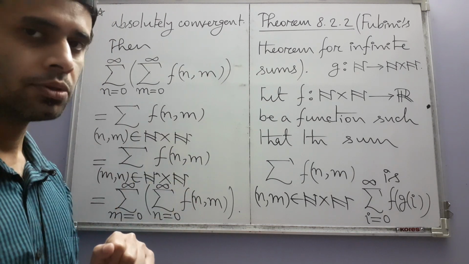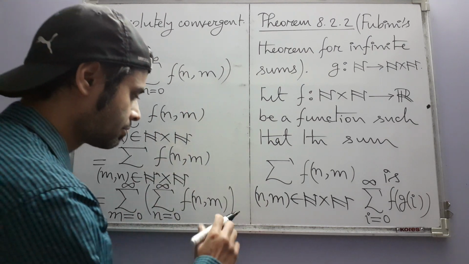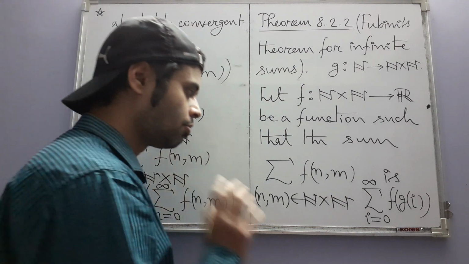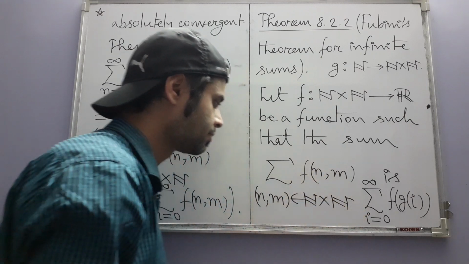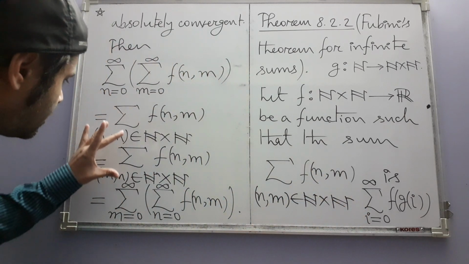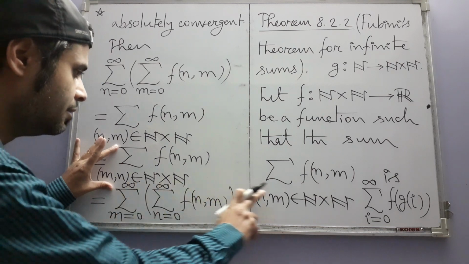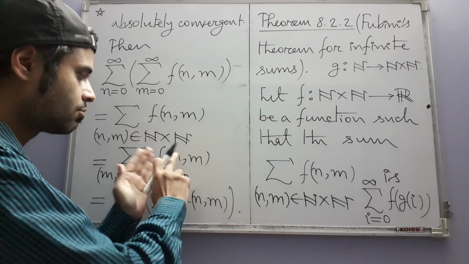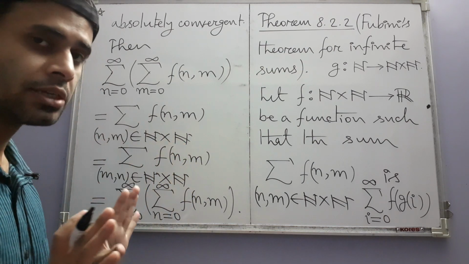We have to prove this, which we will do in the next video. Today we are not going to do that, but note that only the absolute convergence of this is given. The absolute convergence of this third sum, which is slightly different from this one in that the order of these coordinates gets switched, also has to be established.